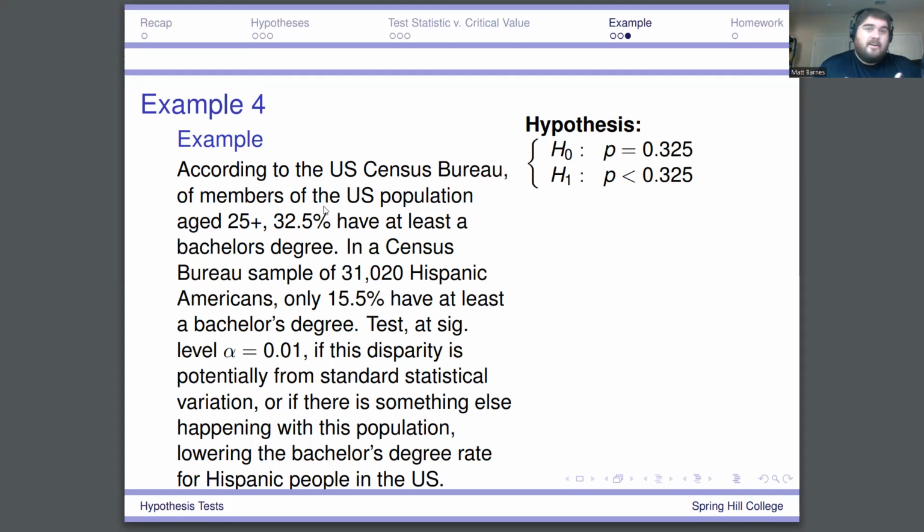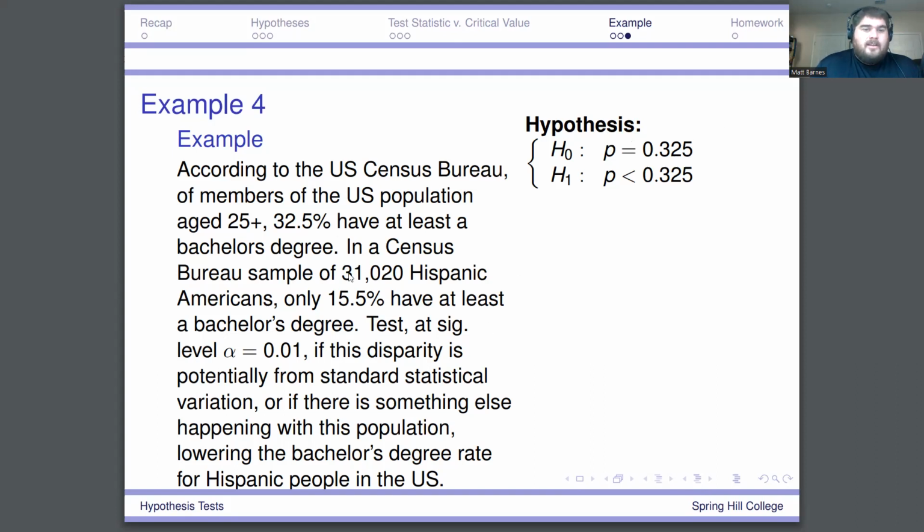We would assume that carries over from all Americans to any subpopulation we wanted to look at. So that's going to be our null hypothesis here. We're going to say H naught is that P equals 0.325. It's that our Hispanic Americans should have the same proportion of bachelor's degrees as all Americans.